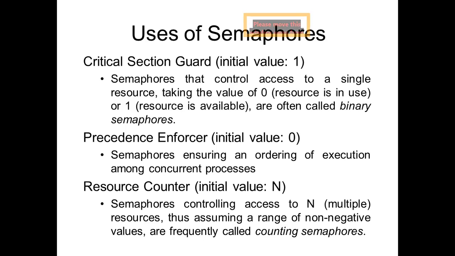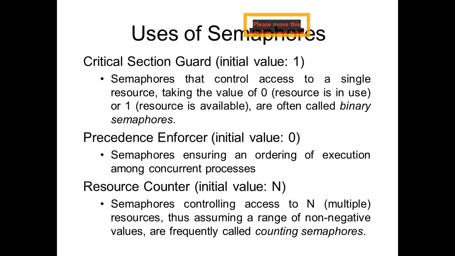If the initial value is equal to 1, then the semaphore controls access to a single resource, taking the value 0, meaning the resource is in use, or 1, meaning the resource is available.